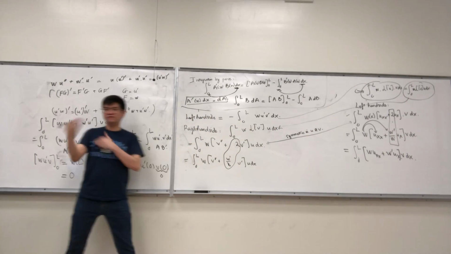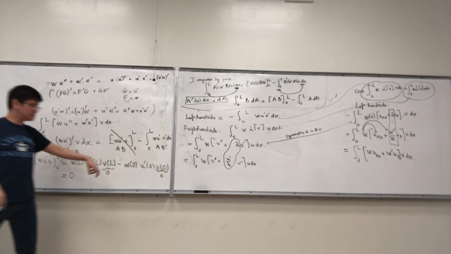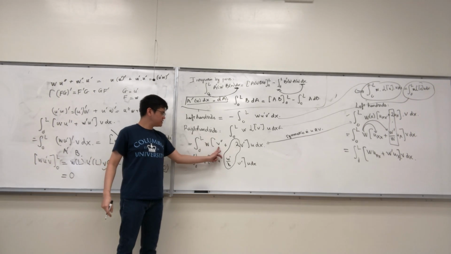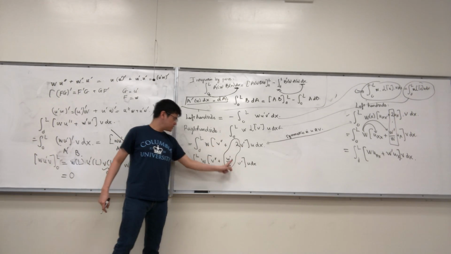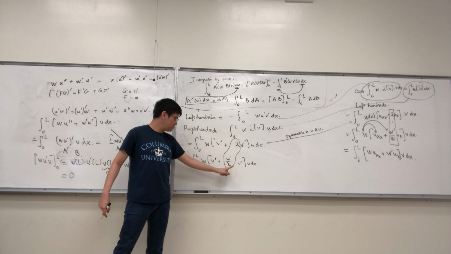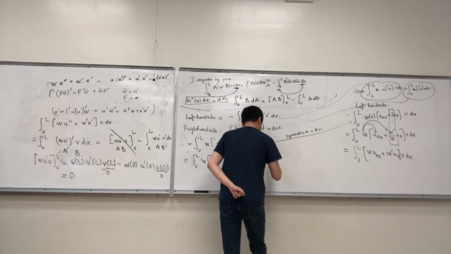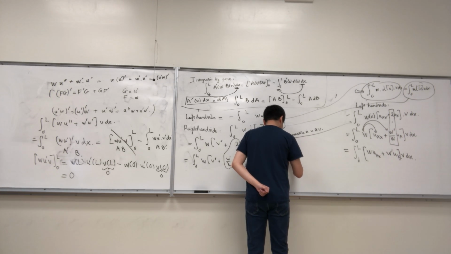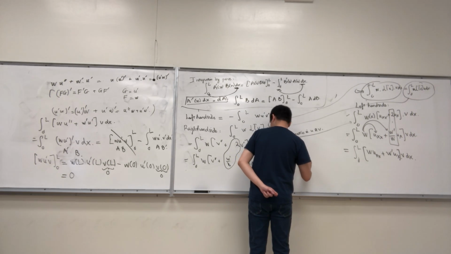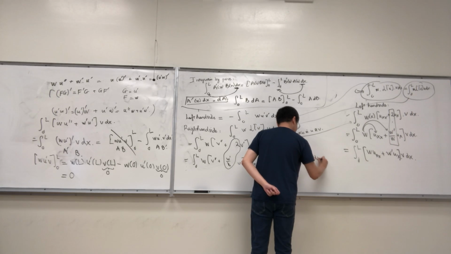So for the right side, U and V are symmetric, so you can do exactly the same thing. W V second plus 2V prime U, replacing 2 by W prime over W, I have integral from 0 to L, W V second plus W prime V prime U dx.